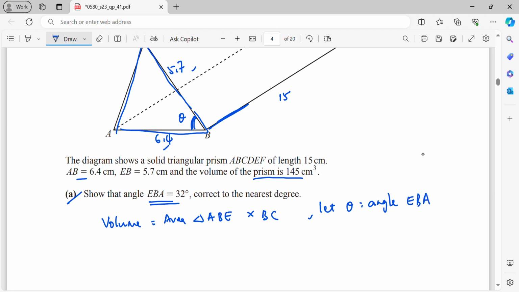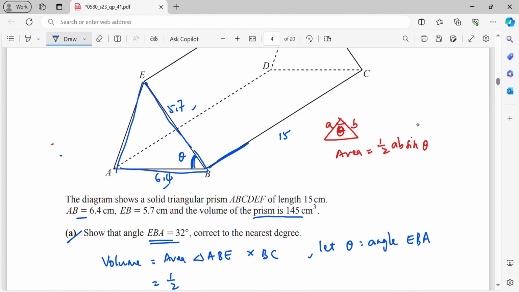Okay, so for the area of the triangle, use the formula. Let's say this is a triangle with sides A, B and angle theta. The area is basically half AB sine theta. So now I will use half AB EB sine theta, multiply with BC.